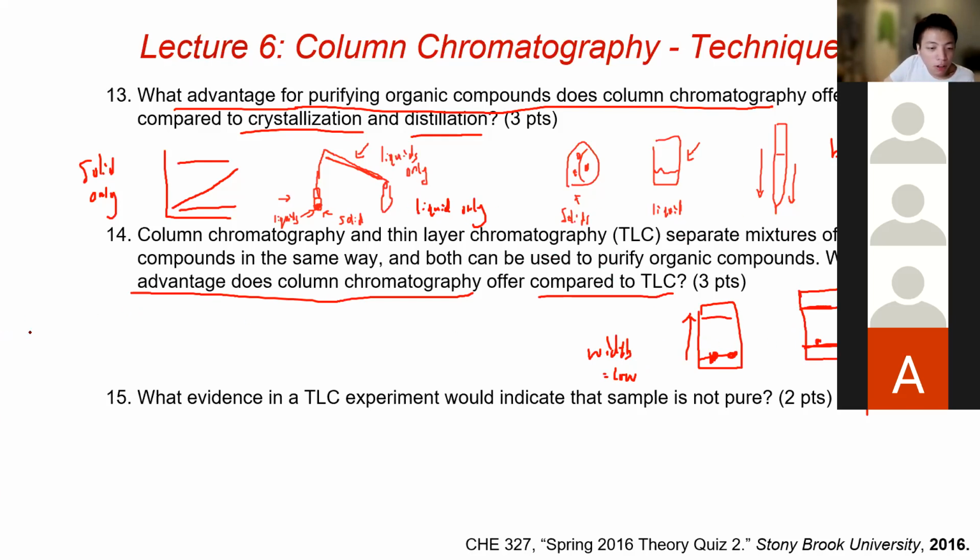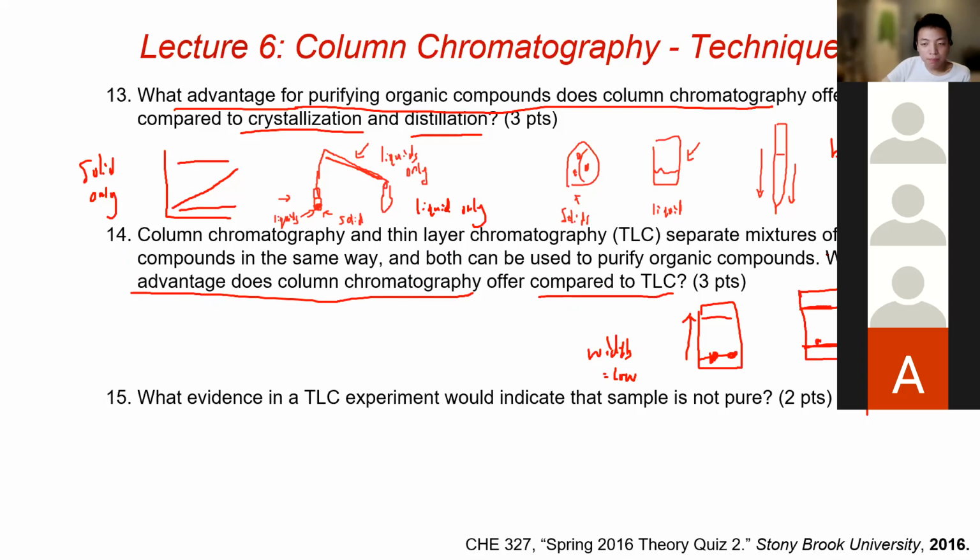And remember, column is a technique that can be used for purification, and TLC is mainly used for analysis. So can anyone tell me one of the advantages of using the column? Well, you separate what you want, basically, and then you can collect what you want at the end.